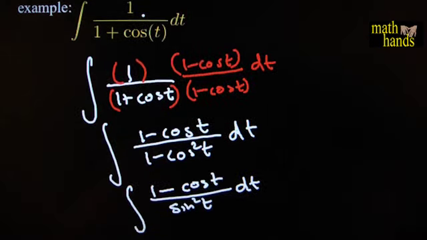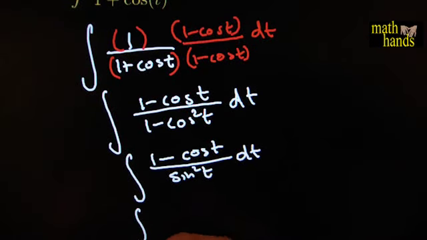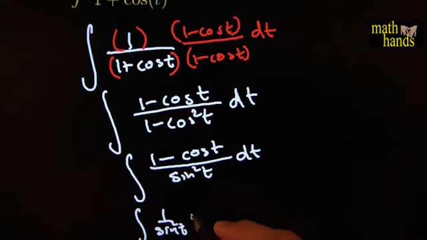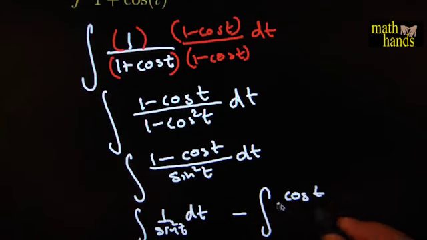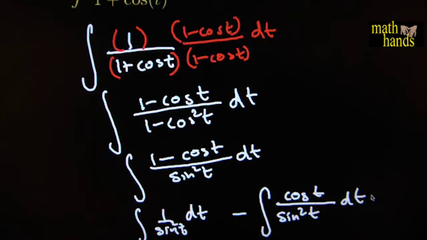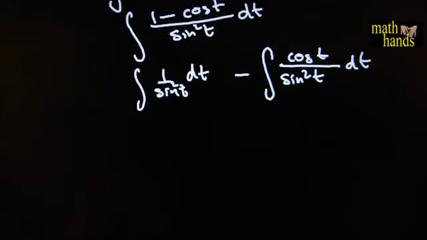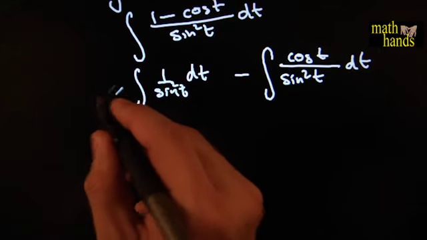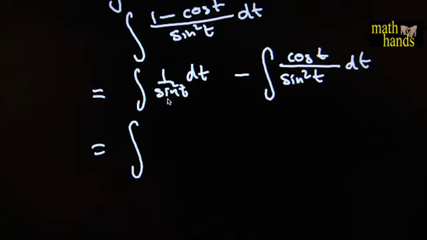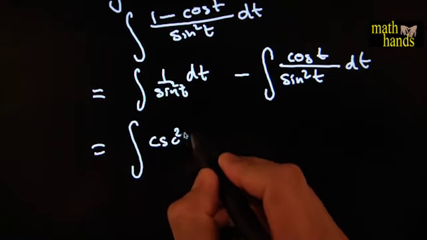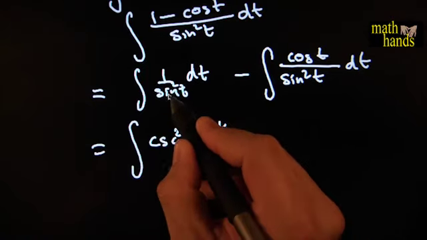You can say, well, this becomes the integral of 1 over sine squared t dt minus the integral of cosine t all over sine squared t dt. And then you say, whoa, whoa, whoa, whoa. What a crazy mess. Well, that looks messy, but it's really simple, because the 1 over sine squared dt is cosecant squared dt.